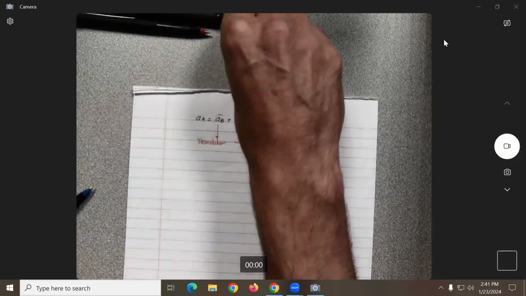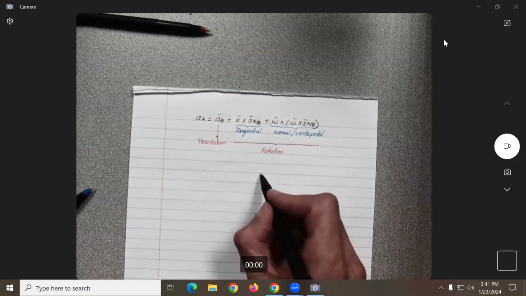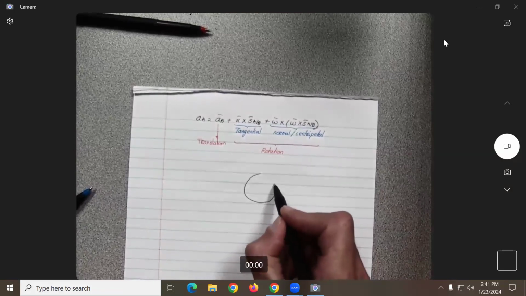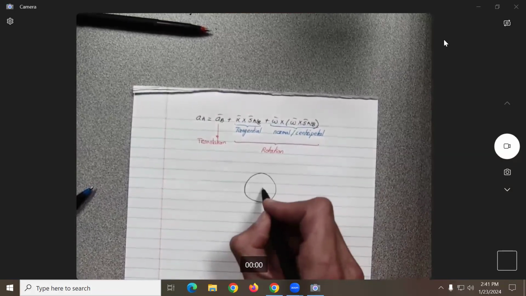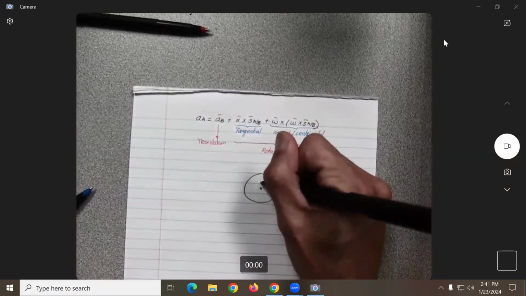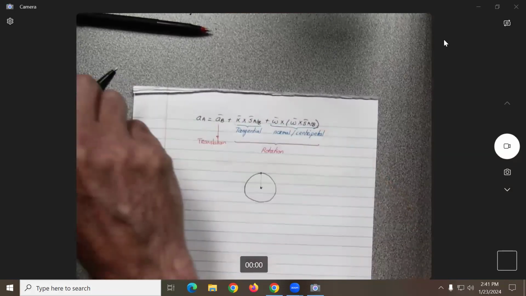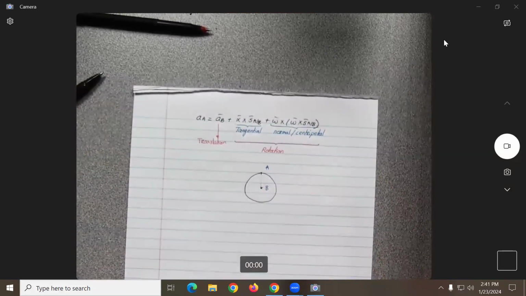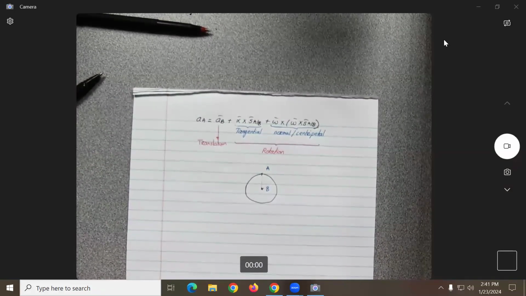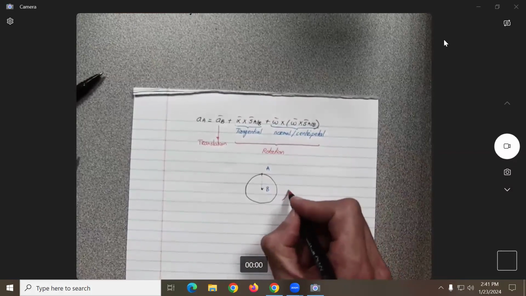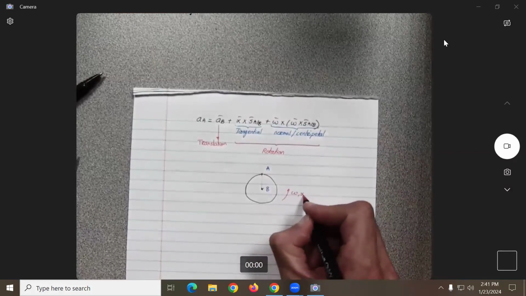Okay, so let me do a figure so we can visualize a little bit of this stuff. Let me try to do it easy this time. Let's say this is point B, point A. I'm just going to do the translational components. So let's say this is omega and alpha.